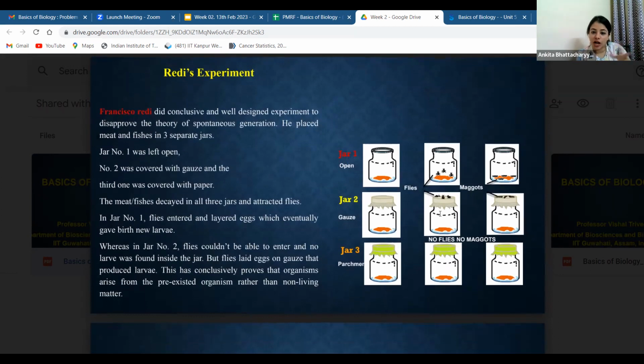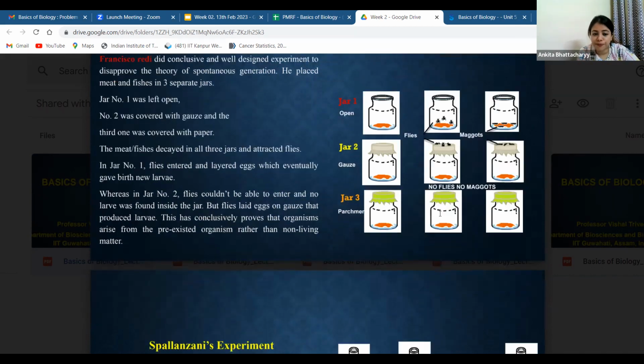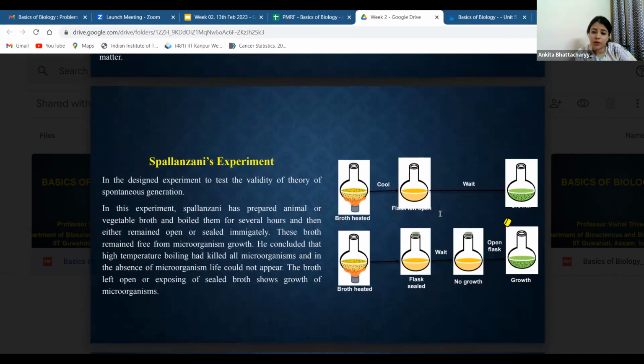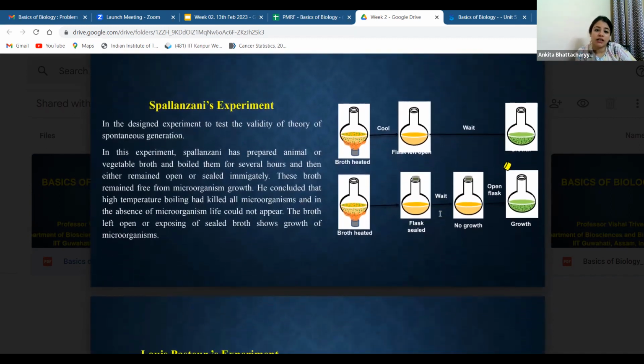There were jars which were either kept open, covered, or covered with some sort of opaque material. It was only seen that when air, along with microorganisms, had access to the interior of the jar, only then you can see meat decay and organisms growing. So it couldn't just spontaneously evolve. Then Spallanzani's experiment also showed the same, validating the same findings as was given by Redi.